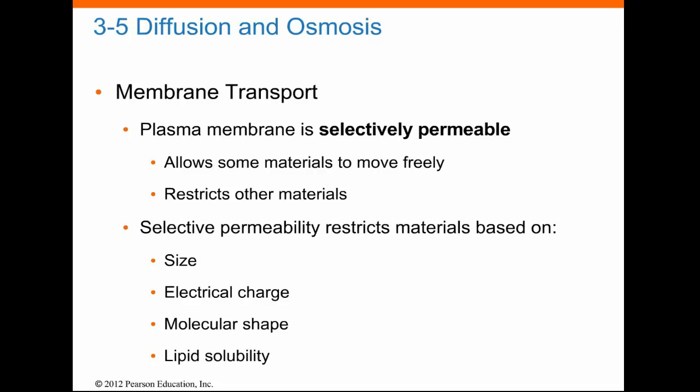Remember, in the first lecture we spoke about the plasma membrane being a phospholipid membrane, so it is soluble to lipids, soluble to fats. So it will allow fats to move through, but it will not allow water soluble substances to move through.